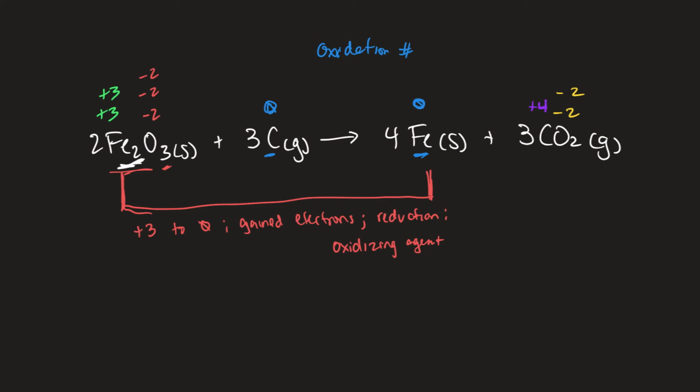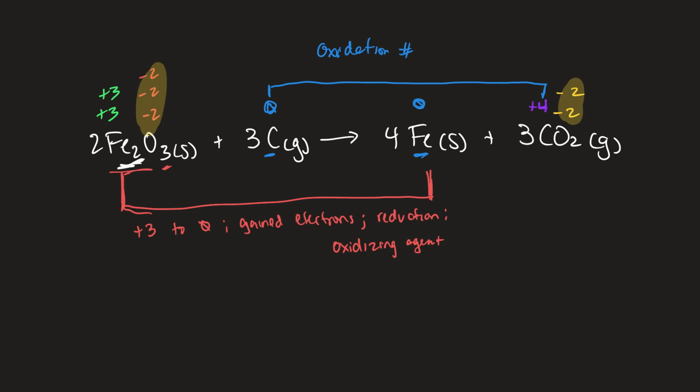Now, if we look at oxygen, all right, hopefully you notice the oxidation number of oxygen didn't change. All right, so oxygen didn't get reduced, it didn't get oxidized, so we don't have to worry about oxygen at all. But let's look at carbon. Carbon goes from an oxidation number of 0 to an oxidation number of +4.